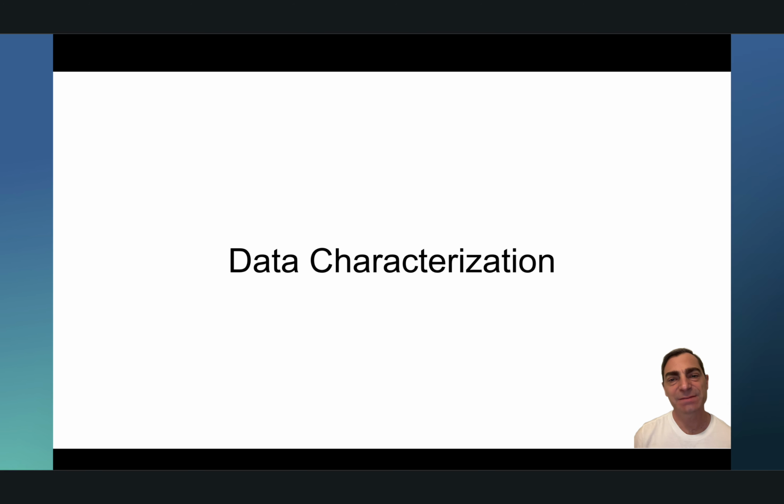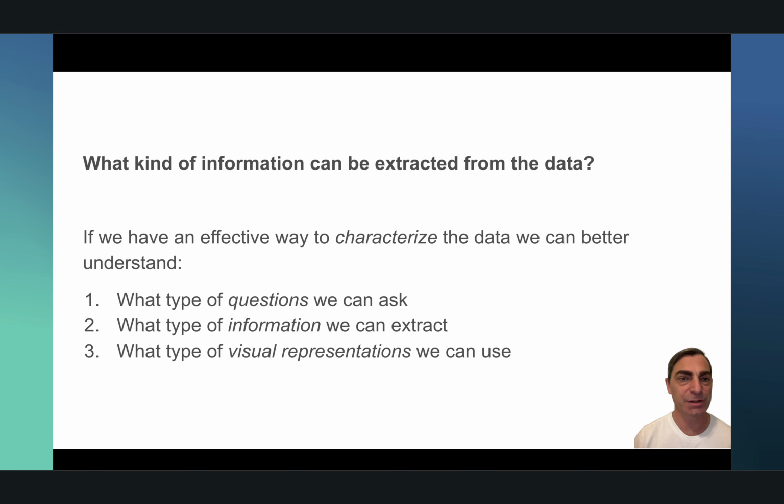An important aspect of data questions is that the type of questions that you can ask, and eventually the type of answers that you can produce with data visualization, depend on the kind of information that you can extract from the data. So we have to have a way to describe the type of information that is in the data. And this is what I call data characterization.